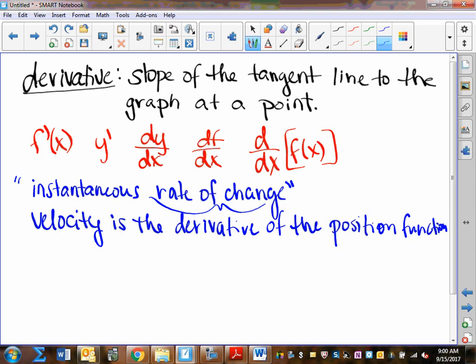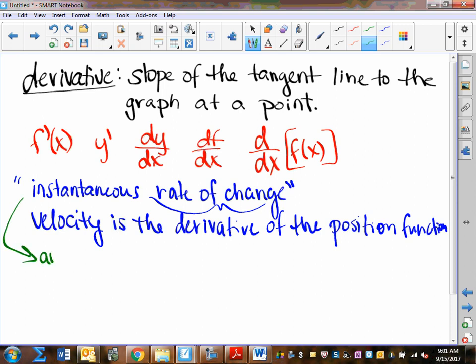But again, velocity you'll often see grouped with derivative because it is a derivative, but it's a derivative of the position function. And then we talked about last class too how there's a difference between instantaneous rate of change and average rate of change. So let's just do a side note here.